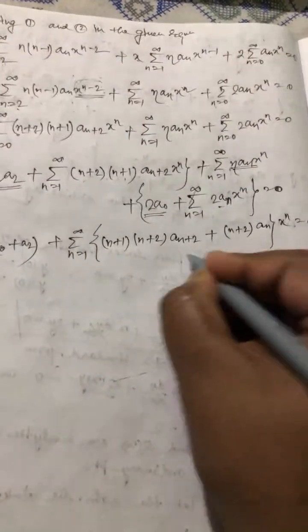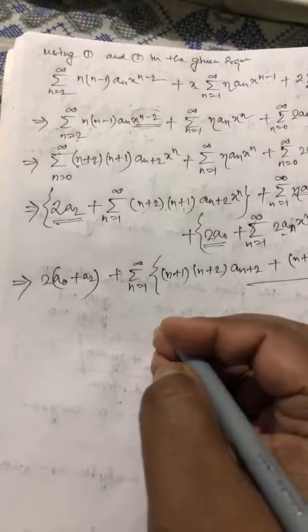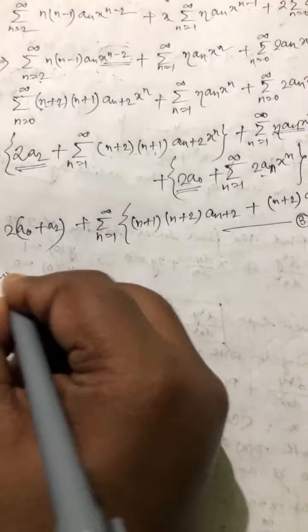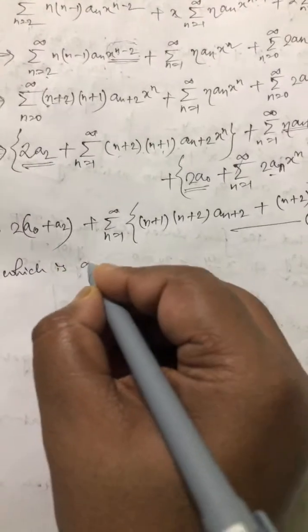So say this is equation number 3, I guess. 1, 2, 3. So that means this is an identity, a mathematical identity.